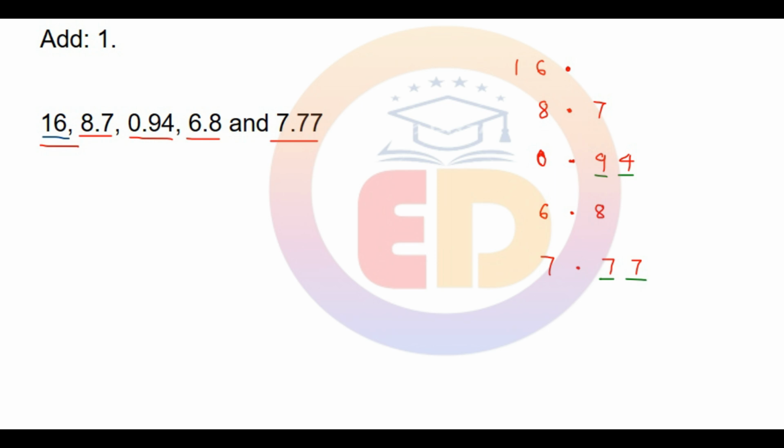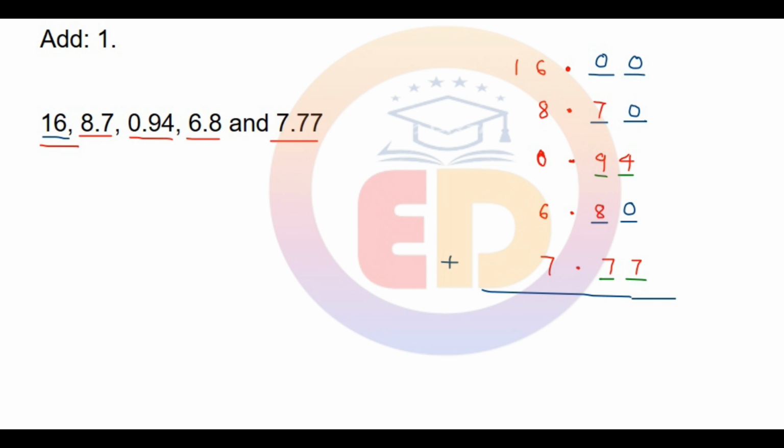In the number 16, after the decimal point, I will place 2 zeros. In 8.7, there is 1 decimal place, I will add another 0. 0.94 already has 2 decimal places, so there is no need of adding any 0. 6.8 has 1 decimal place, let's place a 0. 7.77 already has 2 decimal places, no need of adding any more.